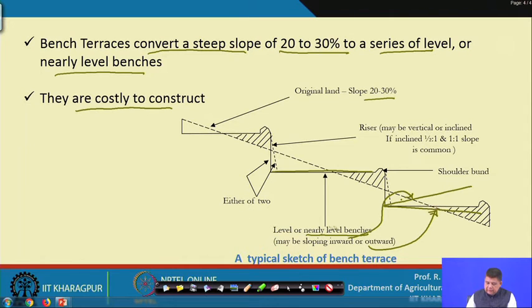And there are three types: the horizontal one is level, sloping inward and sloping outward, and riser, as we have already seen, may be vertical or inclined, and if inclined, then typical slope is half is to 1 or 1 is to 1. These are the commonly adopted slopes of the risers.